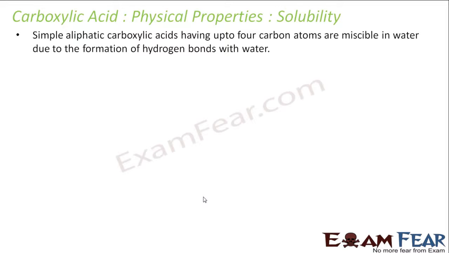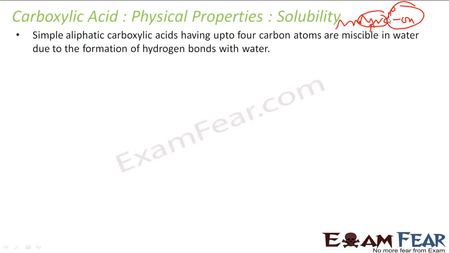Same logic as we have seen in aldehydes and ketones, the lower ones are soluble both in water and organic compounds. Because if this is my carboxylic acid, this part is soluble in water, this part is not. Even if this part is small, it will take care and the whole thing will be soluble. But if this part is very big and not soluble in water, this part will not be able to take care. Correct?